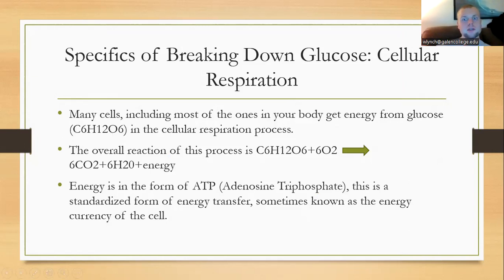The overall reaction of this process is taking 6 oxygens, right, 1 for every carbon that exists in the glucose molecule, and reacting that to form the products of 6 carbon dioxides, 6 water molecules, and cellular energy in the form of ATP. Our energy there in the form of ATP, adenosine triphosphate, is our standardized energy transfer, right? It's known as the energy currency of the cell.